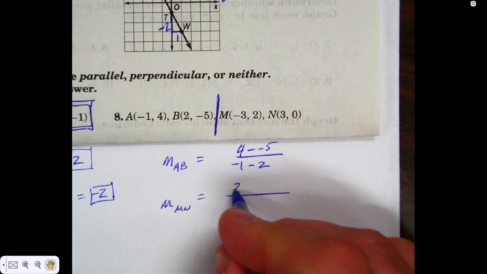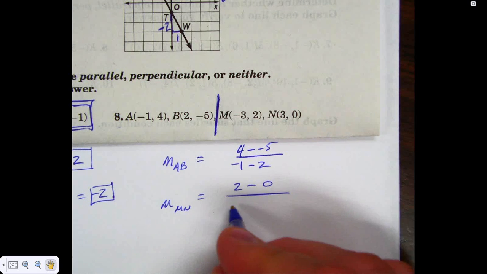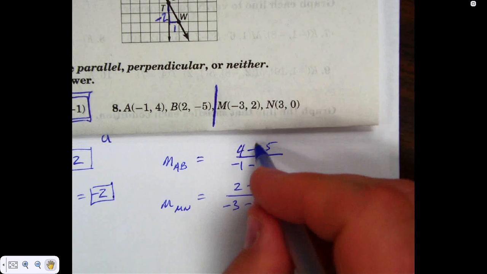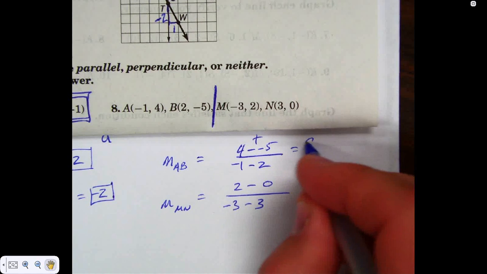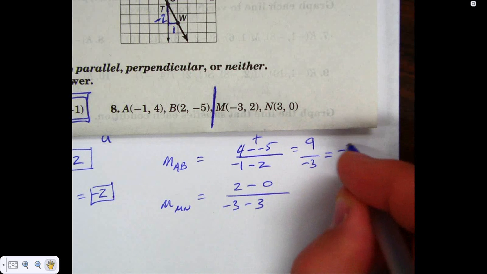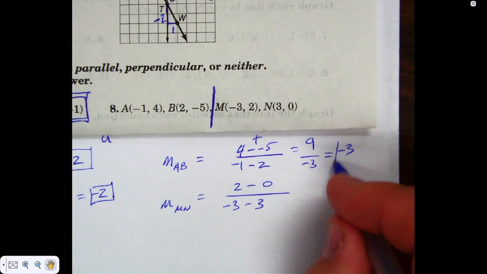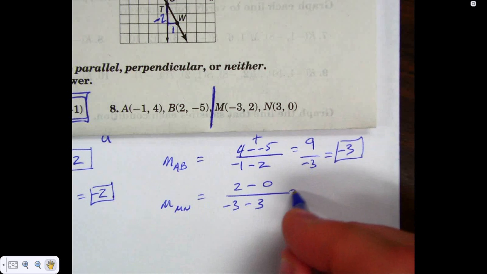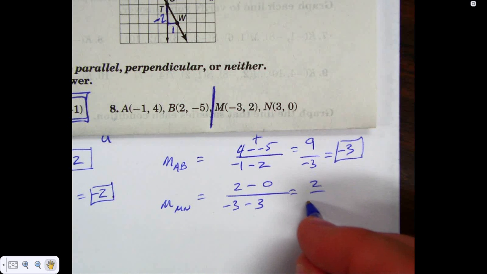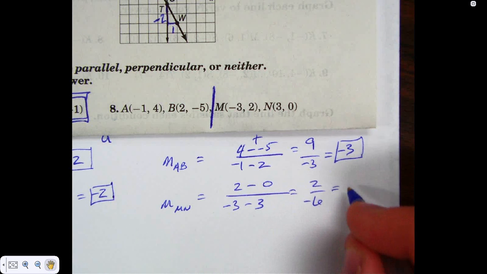This one is 2 minus what? 0. -3 minus 3. Well, that becomes a positive, right? So this becomes what? And this becomes -3, so this one becomes -3, doesn't it? This becomes 2 over -6. So this becomes -1 over 3.